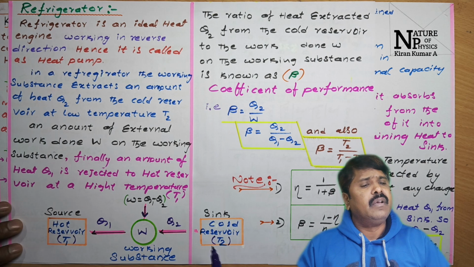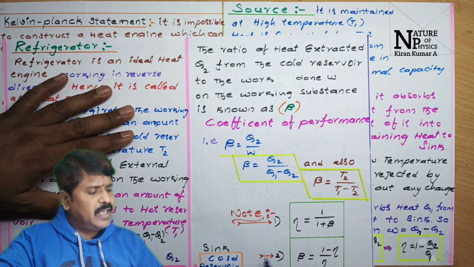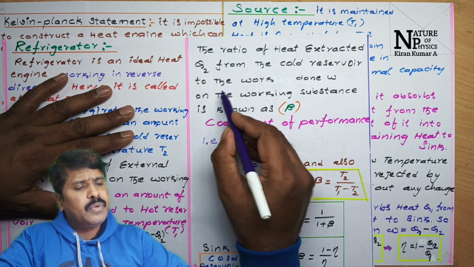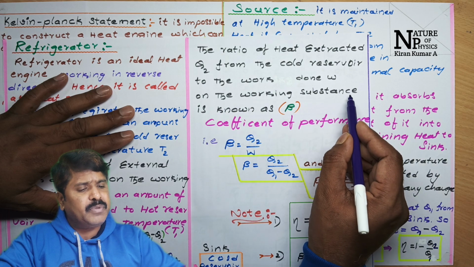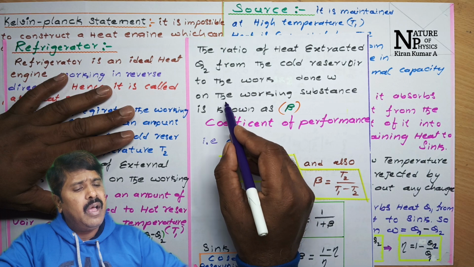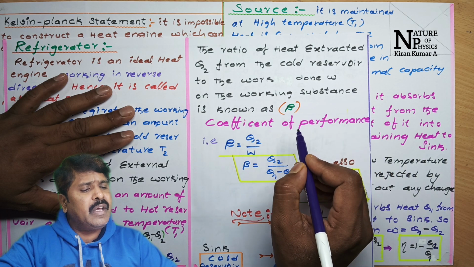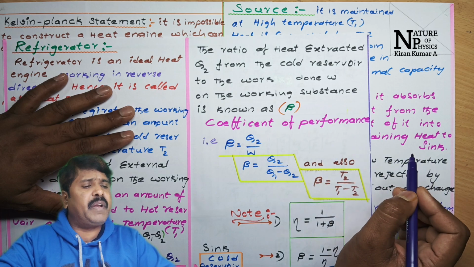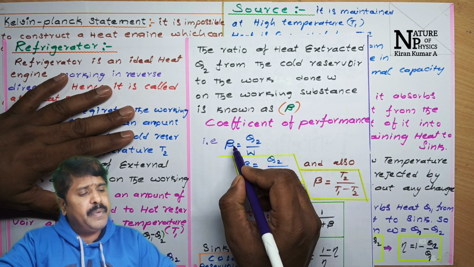The ratio of heat Q2 extracted from the cold reservoir to the work W done on the working substance is known as beta. Beta represents the coefficient of performance.